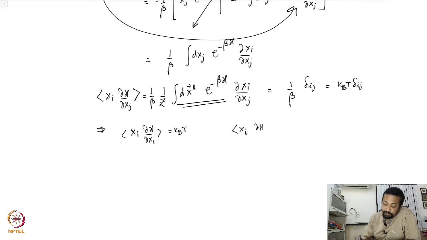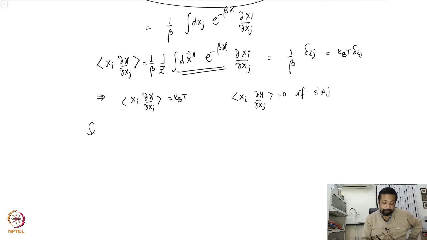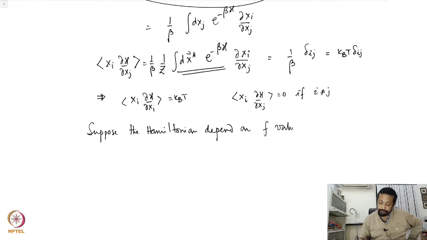xi del h del xj is 0 if i is not equal to j. Now suppose the Hamiltonian depends on f such values, that is x1, x2 all the way up to xf.